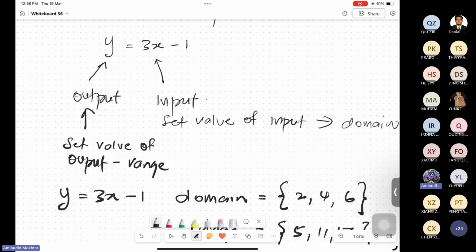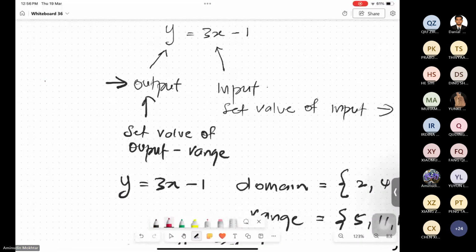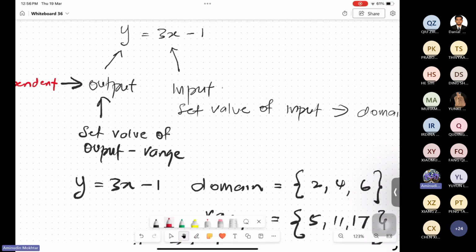So we can also say that y is dependent on x, and x is independent. Y is dependent. So the output is also related to the dependent. Y is also known as a dependent variable. And then the input is independent.